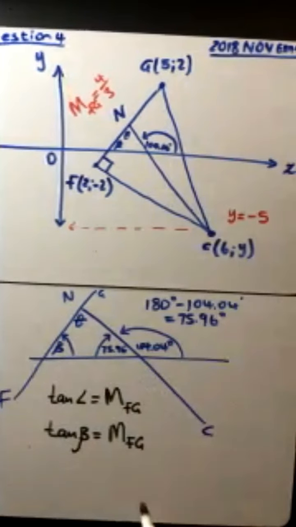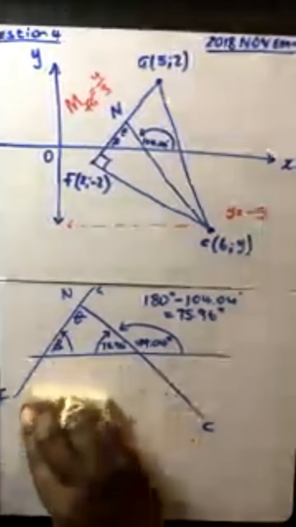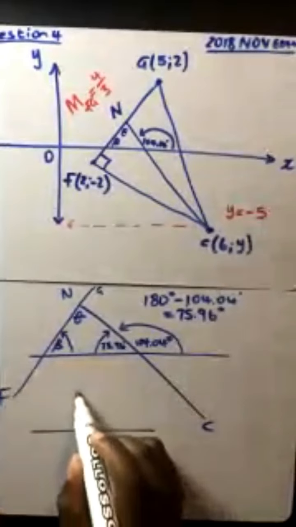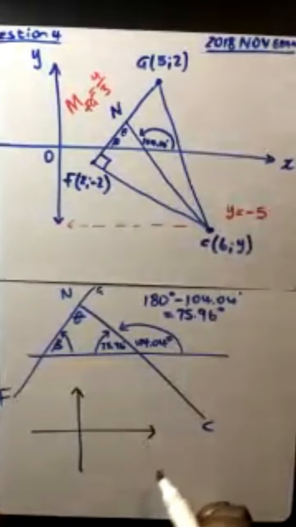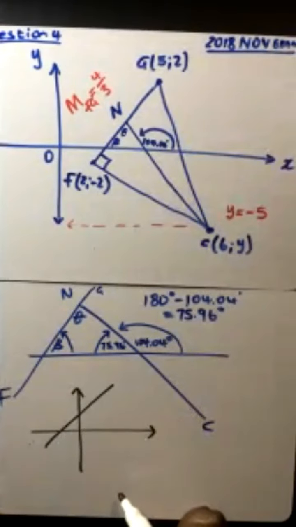Let me try to also explain something, guys. If we've got a Cartesian plane, and you've got a line running in that direction.